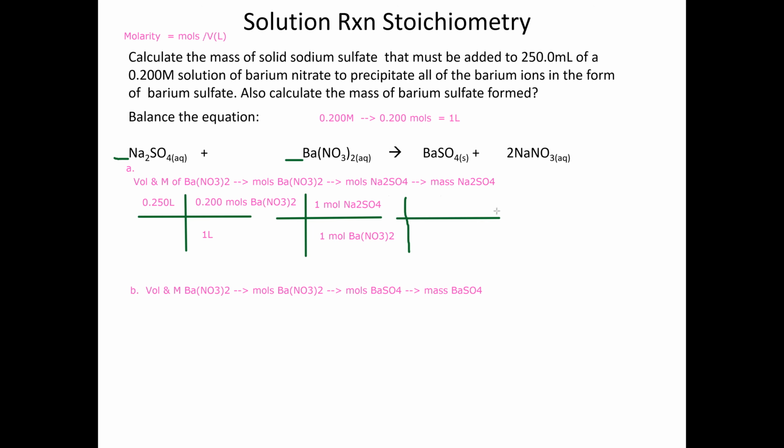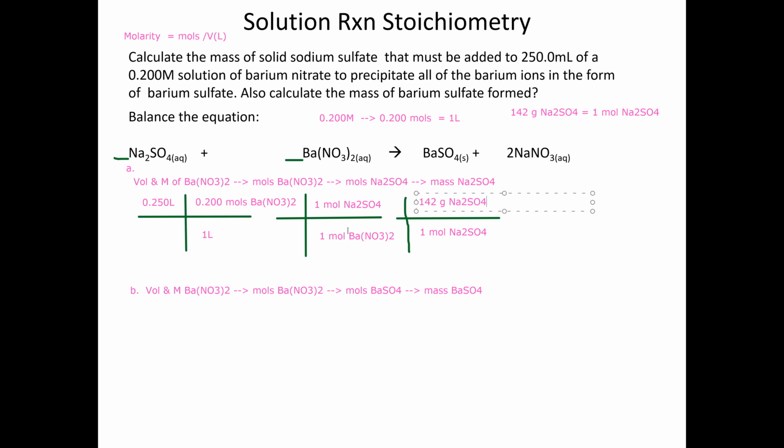It's 142 grams. So 142 grams of sodium sulfate equals 1 mole of sodium sulfate. Since we're starting with moles on the top left, the mole goes on the bottom, and the mass goes on top.